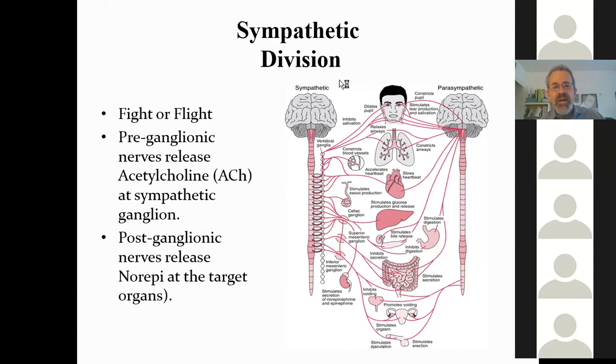In the sympathetic system, the preganglionic neurons release acetylcholine, much like the somatic pathway, but the postganglionic neurons that reach the target organ produce norepinephrine. I abbreviate it as norepi, but it's known as norepinephrine. So, a two-neuron chain, each neuron producing a different neurotransmitter.